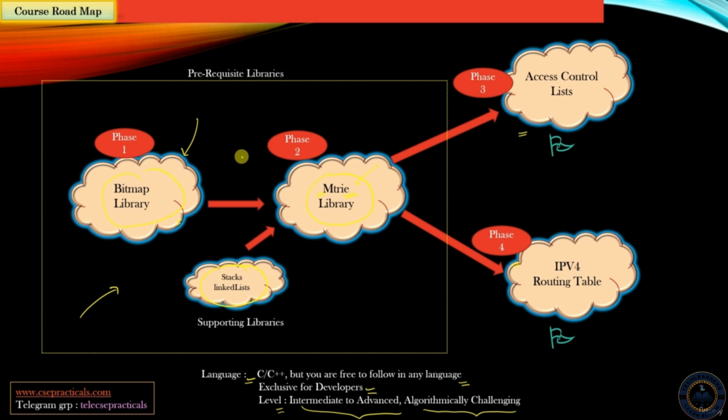A bitmap is nothing but an array of bits and nothing else. Along the way, we also need the basic stack and linked list data structures to support the implementation of our mtrie library. Eventually, when our mtrie library is ready, we will use it to implement the access control list and the IPv4 routing table. So phase 3 and phase 4 are the final product of this course.